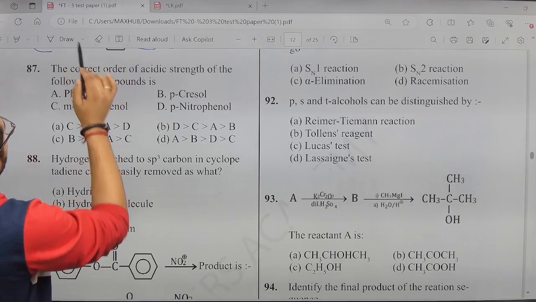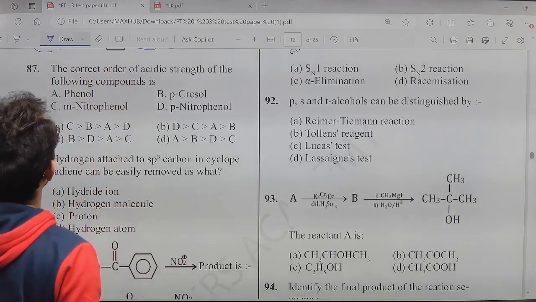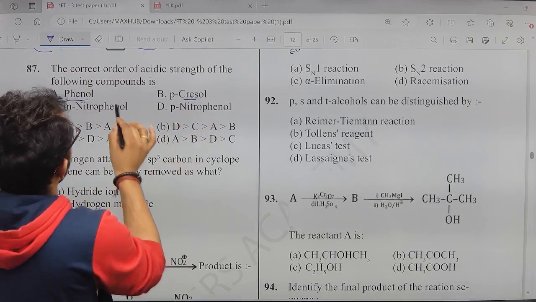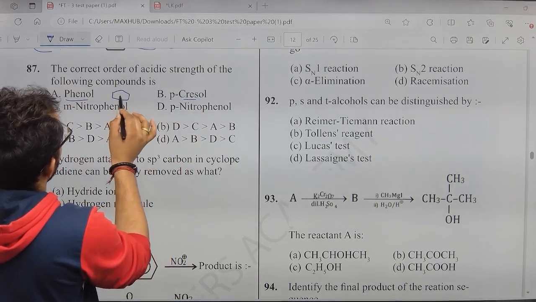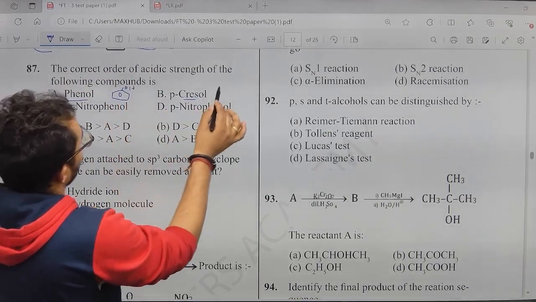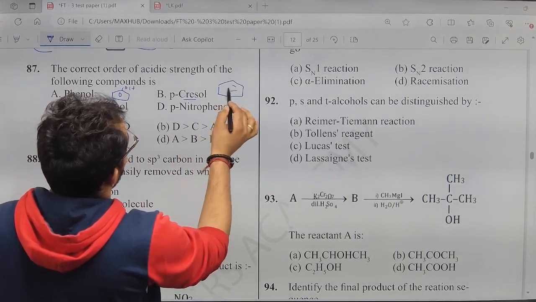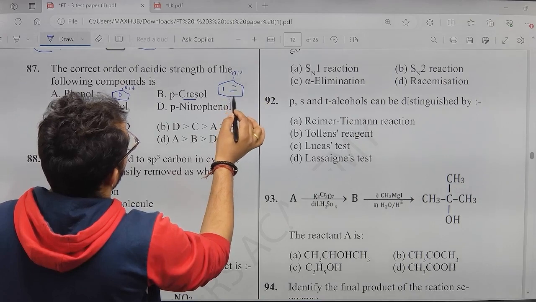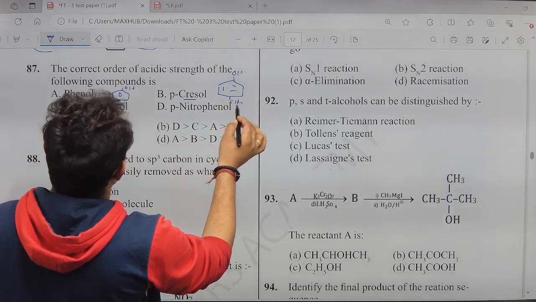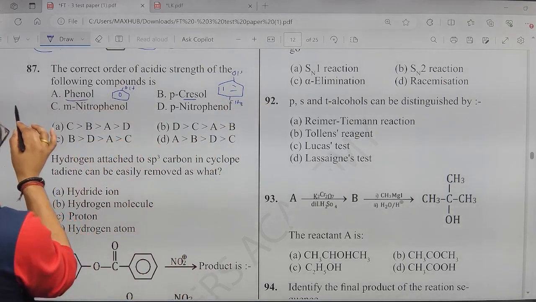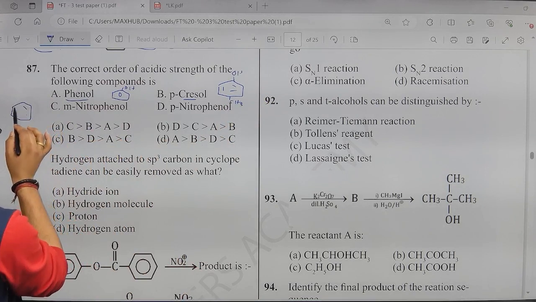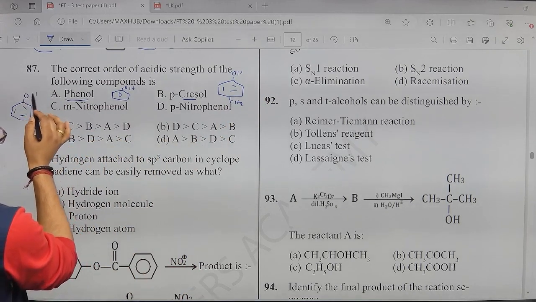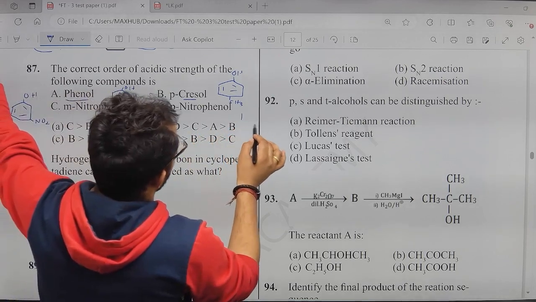Now 87, the correct order of acidic strength of the following. Here we have phenol, paracresol, metanitrophenol, and paranitrophenol.